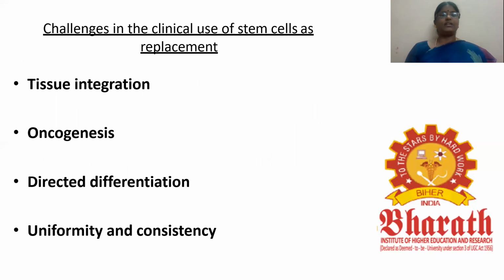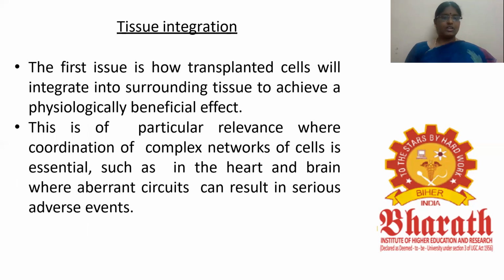Challenges that take place in the clinical use of stem cells as replacement include tissue integration, oncogenesis, directed differentiation, and the last one is uniformity and consistency. So the first challenge by using this type of stem cells is the tissue integration process.